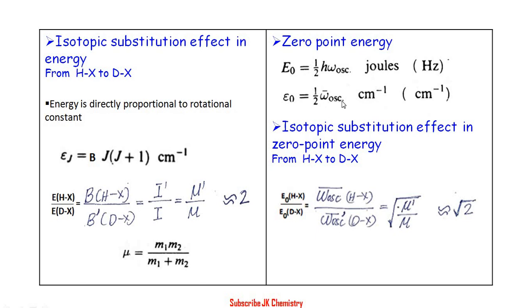In the same way, isotopic substitution effect plays a role here. We know that energy is directly proportional to omega oscillation. So we can derive this equation, that is E0 of H-X divided by E0 of D-X is equal to omega oscillation of H-X divided by omega dash of D-X, that is equal to root of mu dash divided by mu, which is approximately root 2. This is very important. So you can easily understand these two spectroscopies by this comparison and you can easily learn.